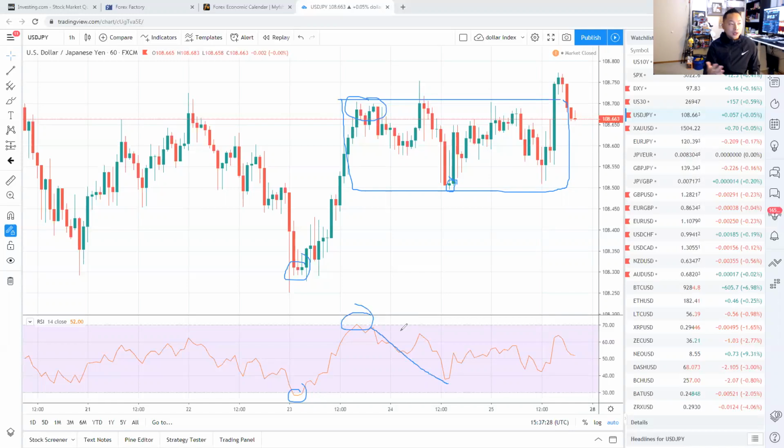RSI is not telling what the price of the US dollar is, or what gold is, or what the euro is. So you have to understand what these indicators are telling you, if they are your primary or your secondary indicators that you like to use.